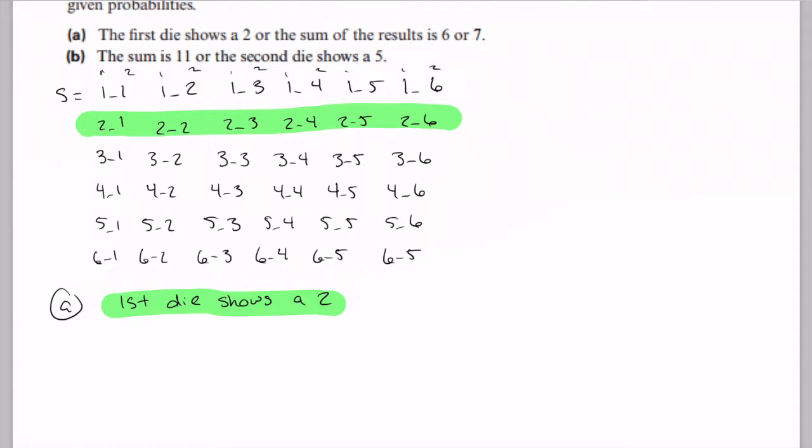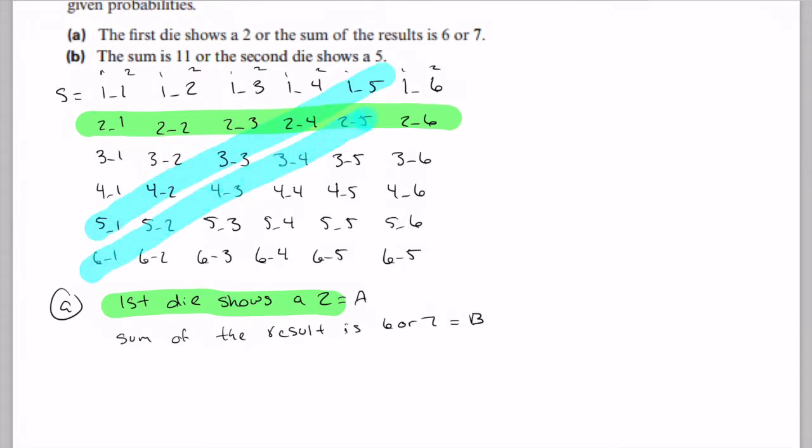That equals A. Then it says the sum of the result is 6 or 7 for B. So we're going to get all sums that give me 6 or 7. So that's going to give me 6, all these, and all these are going to give me 7.